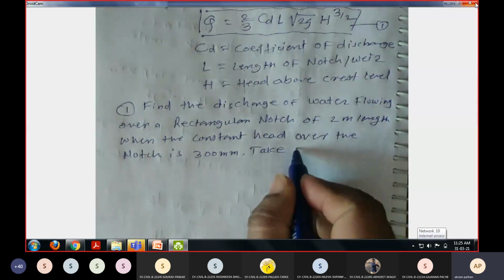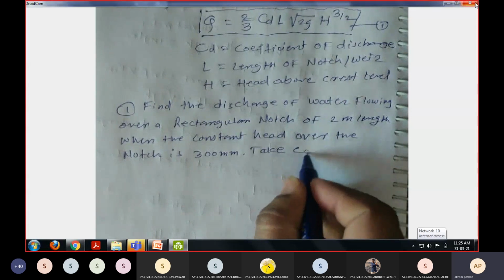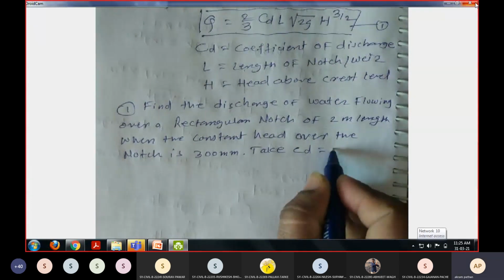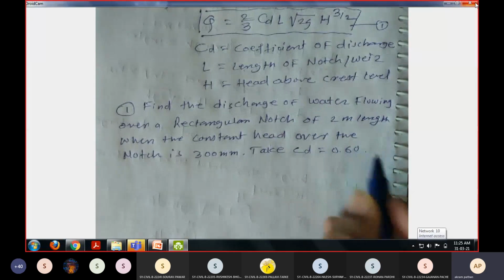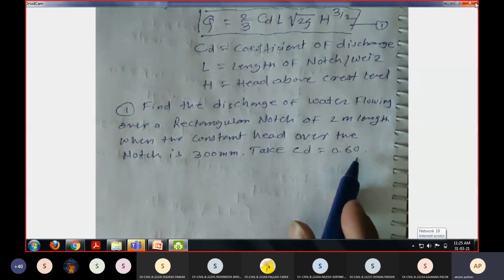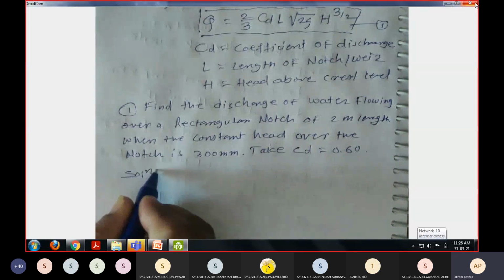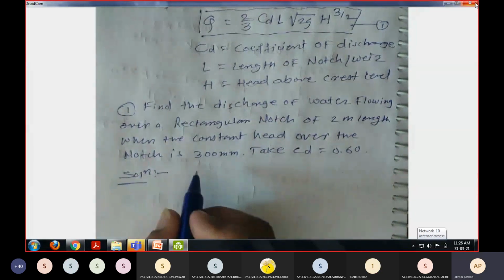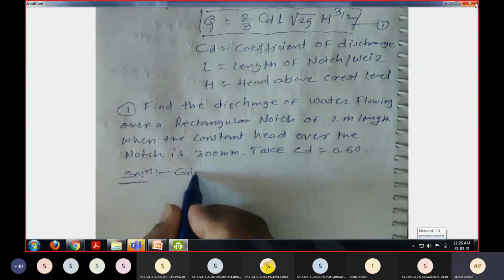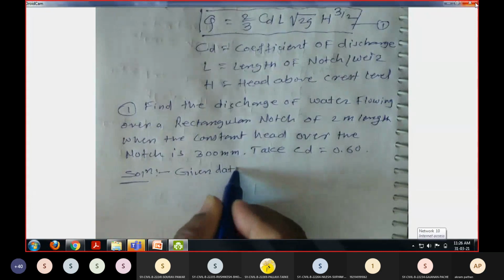So take CD equal to 0.60. That is the coefficient of discharge. Now for the solution, first we have to write down the given data.